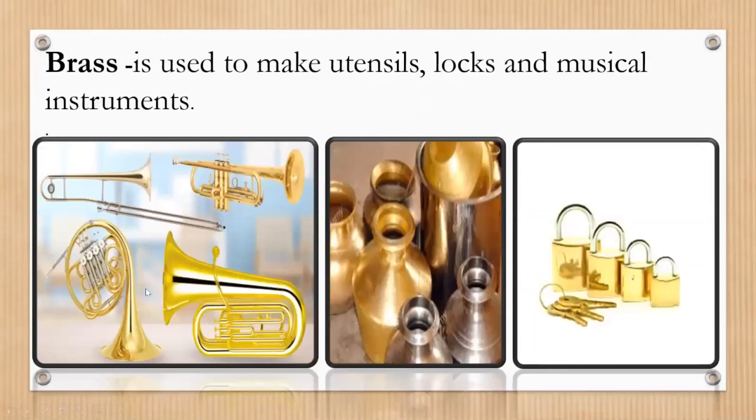Copper, right? When the copper is mixed with some other metal, we get another metal called brass. This brass is used to make utensils, locks, and musical instruments. You might have heard about brass bands where they use trumpets and different types of musical instruments to play the music, right?